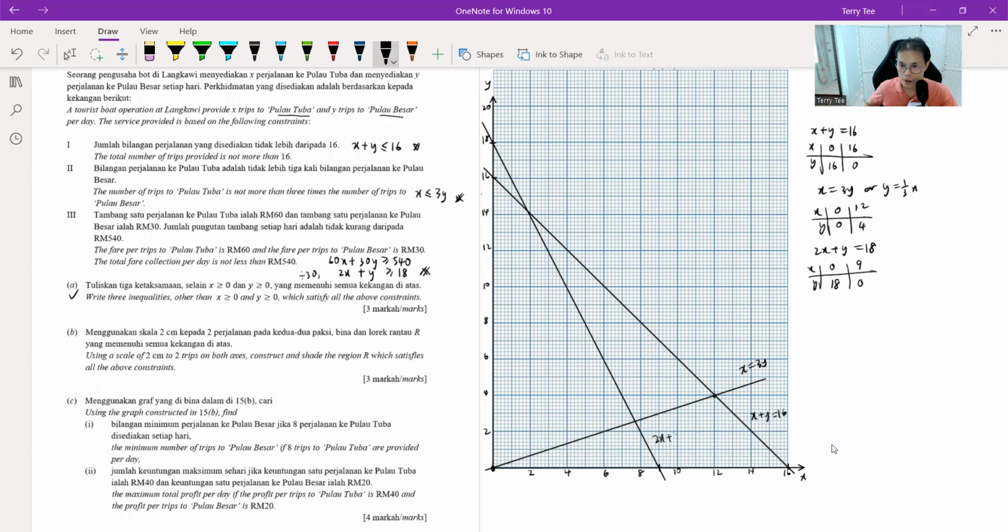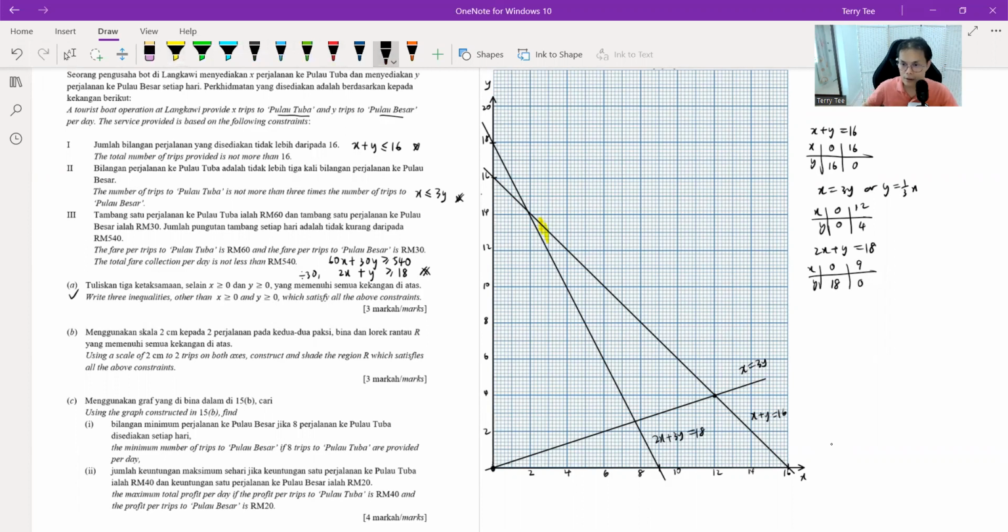Okay, we need to shade the region. Now there are 3 things to consider. Number 1, the first one, x plus y must be less than or equal to 16. So we know it's below here. But again, a lot of people tend to assume that everything must always be inside the triangle. Not necessarily so. Sometimes it's not inside the triangle. Let me keep writing this 18 first.